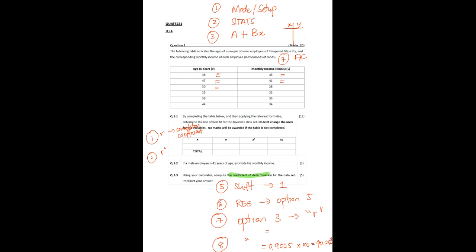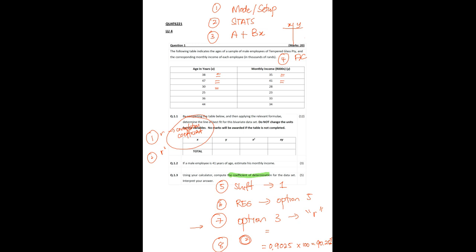If they had asked you in this question for the correlation coefficient, then you wouldn't need to do that last step that I did here where I squared it. Remember, the only reason we squared this answer is because you wanted the coefficient of determination, and that is R squared. If they said to you, calculate the correlation coefficient, then in step 7, where you pressed option 3 and equal to, that would have been your final answer.